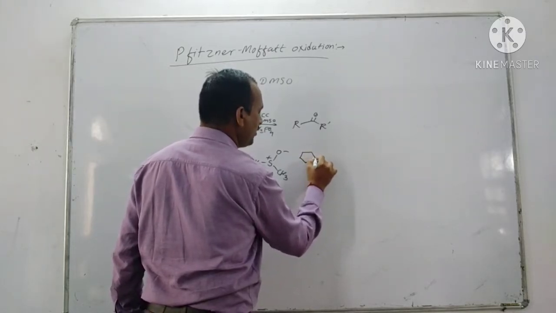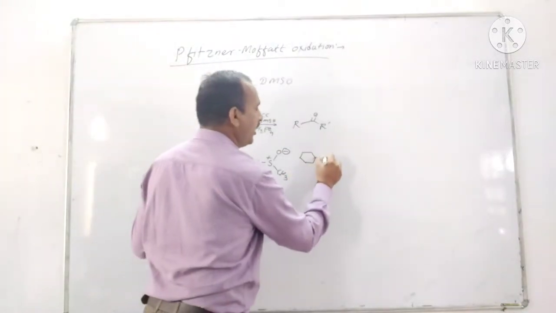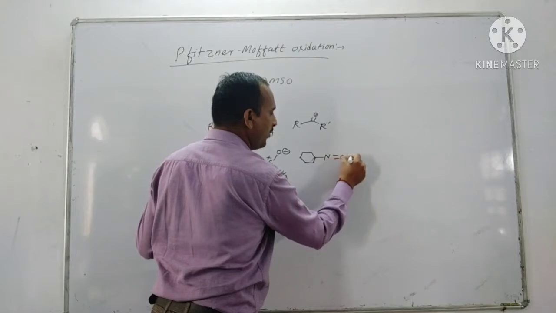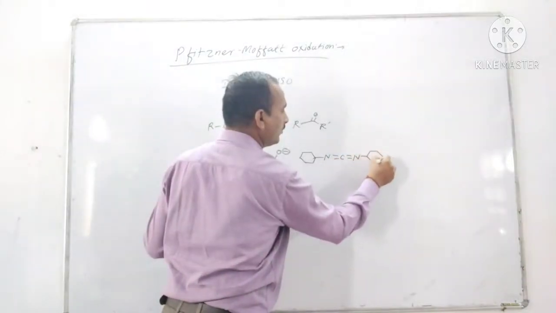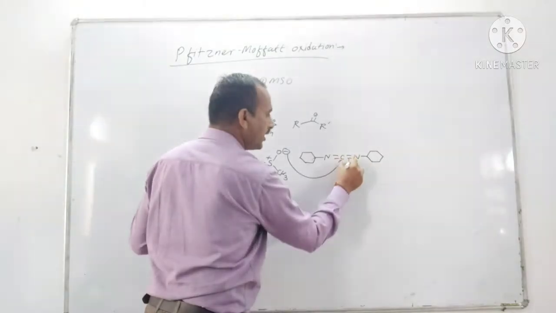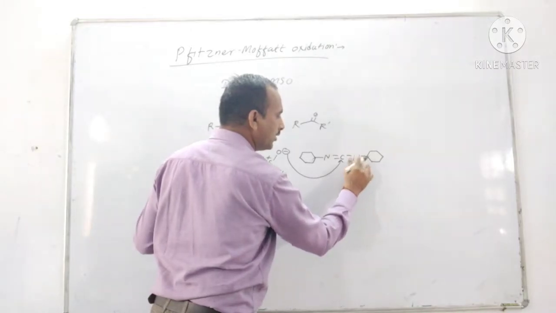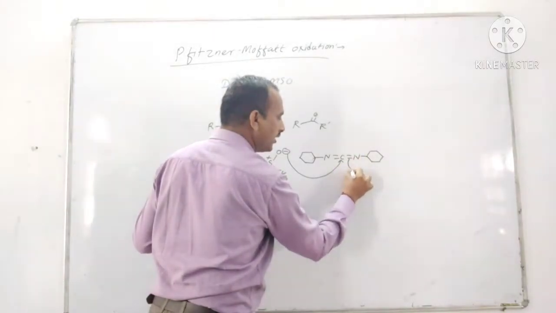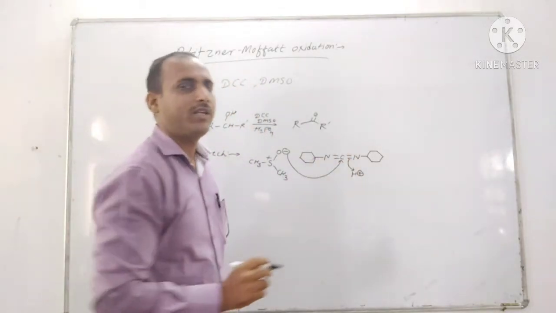The negatively charged oxygen of sulfoxide attacks the carbon of the carbodiimide. There is N minus, and this N minus takes the proton, so we can directly write the protonation on the nitrogen.